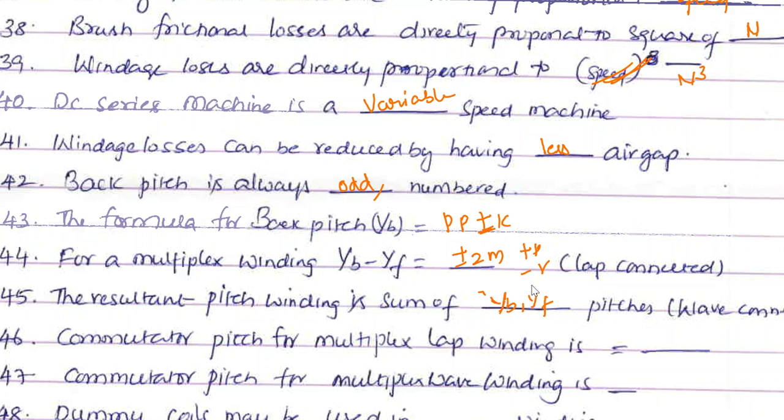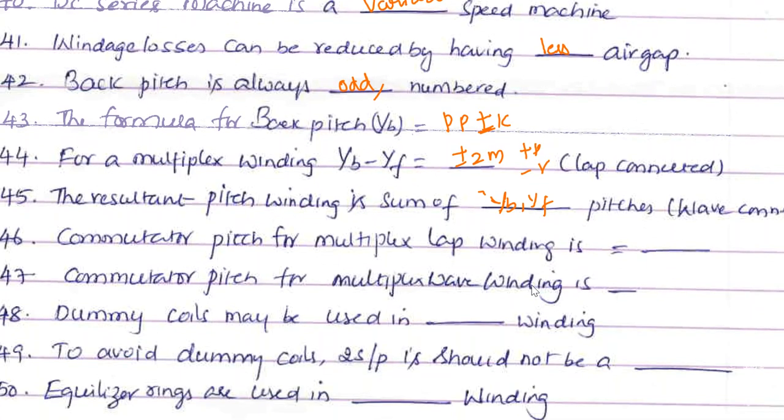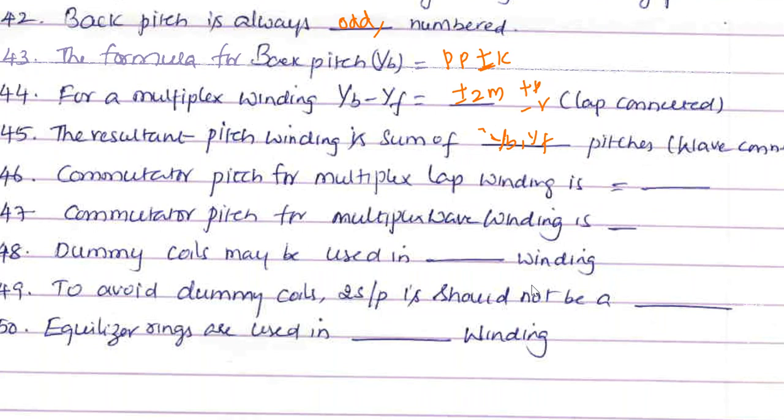Next one, the commutator pitch for the multiplex lap winding is plus or minus m. Next one, the commutator pitch for the multiplex wave winding is C plus or minus m divided by poles by 2.